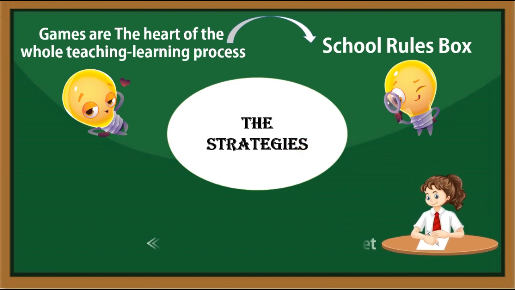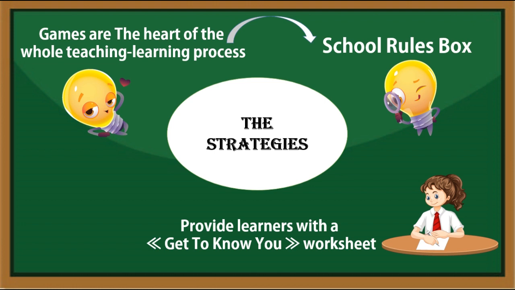Next, as I said earlier, at the beginning you just ask them to give you their name and family name. Now we're going to provide learners with a get-to-know-you worksheet. We need to go into details. We need to know a lot about their lives. This is of crucial importance. Why? Because many learners are living certain situations which prevent them from learning, and it may lead them to be troublemakers.